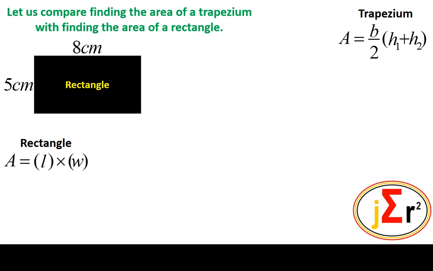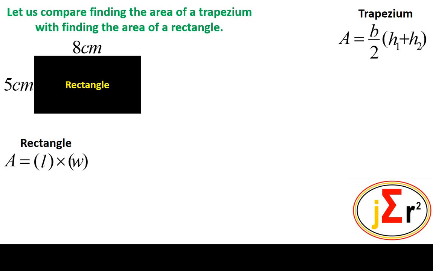And it has to be a quadrilateral. It has to be a quadrilateral with at least one pair of parallel sides. That makes it a trapezium. Our argument is that a rectangle is also a trapezium.